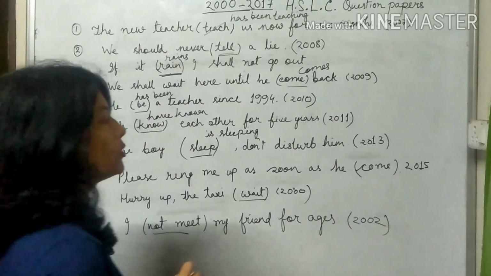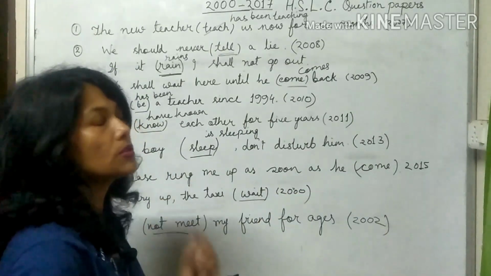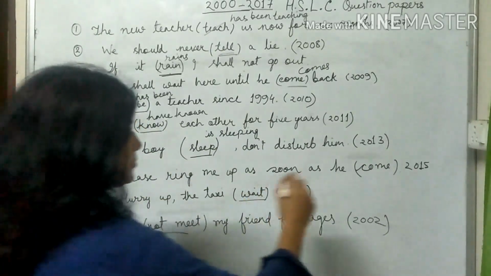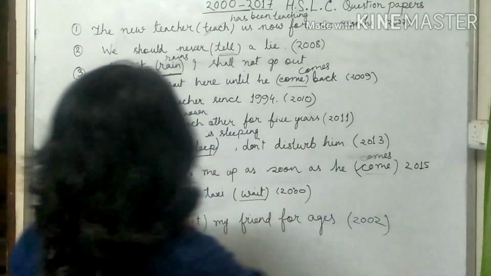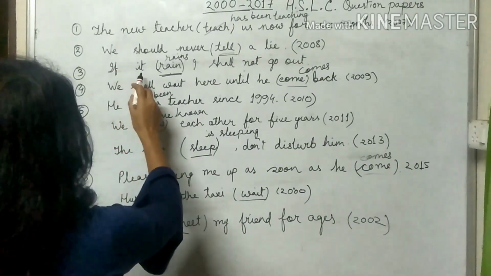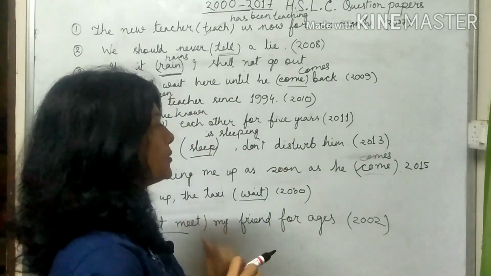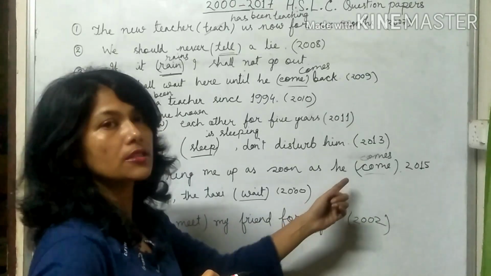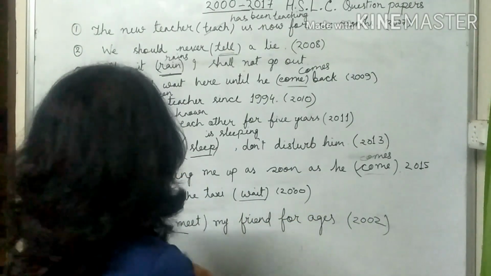So this also indicates a future time, for which we are going to use simple present. He comes. So here you notice number 3, number 4 and number 8. Although written in simple present tense, these indicate a future time.